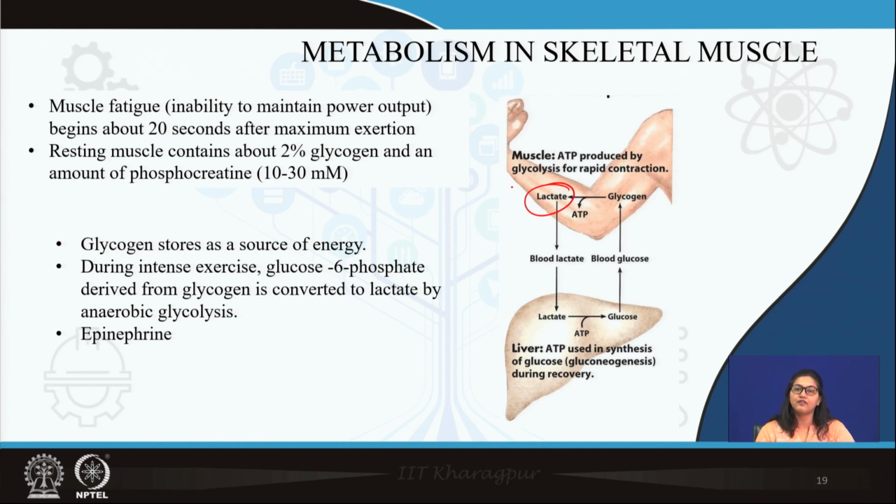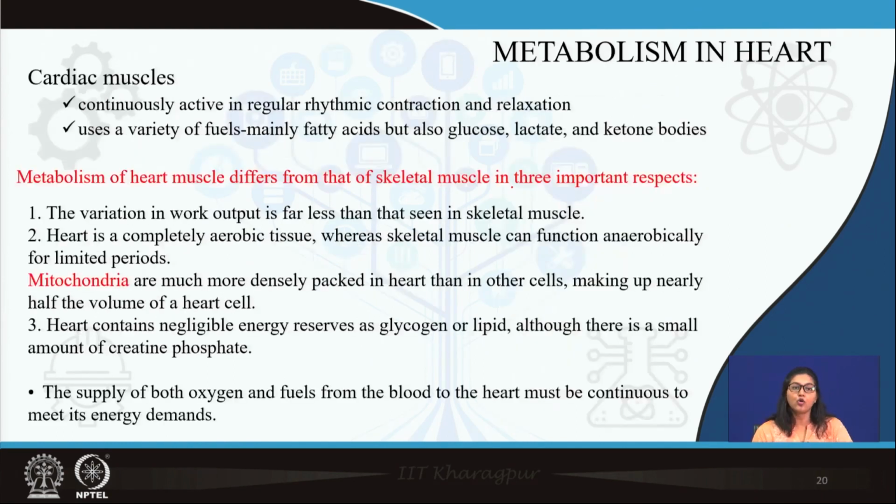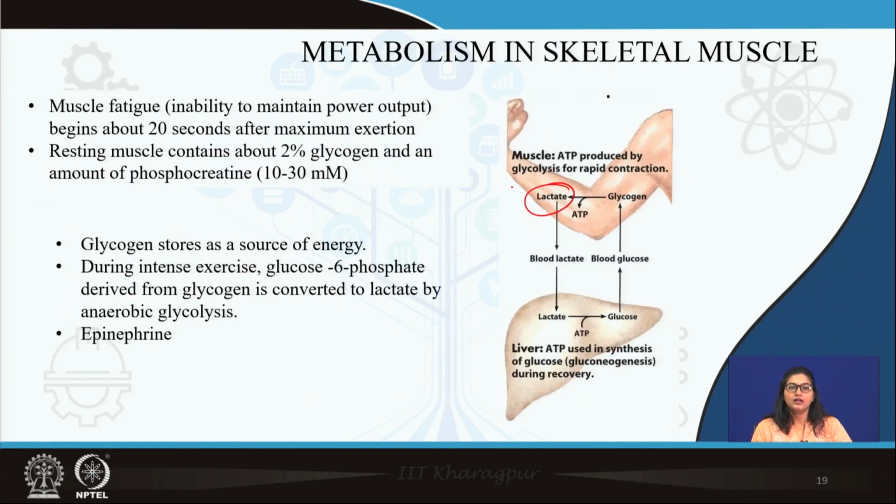Now what is the fate of this lactate? It is described by the Cori cycle. Now in the Cori cycle, as we have discussed, lactate formed during anaerobic glycolysis actually comes back to the liver.